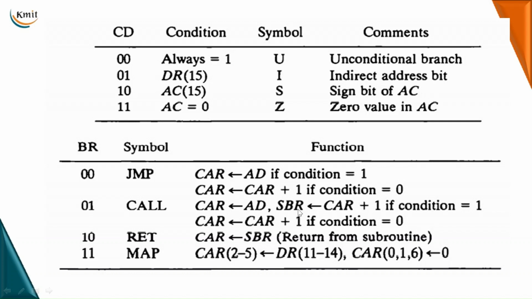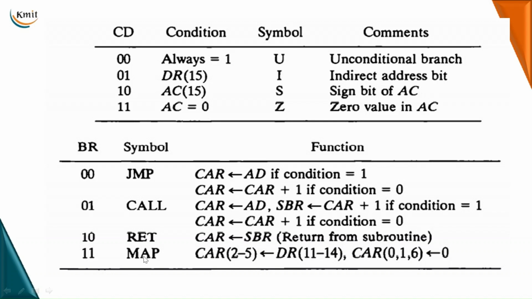If the condition is not met, the contents of the control address register are incremented by 1. This is what we have seen in the address sequencing, jump, call and all. Then return: whatever is the contents of the subroutine register, they are transferred to the control address register to return from the subroutine.